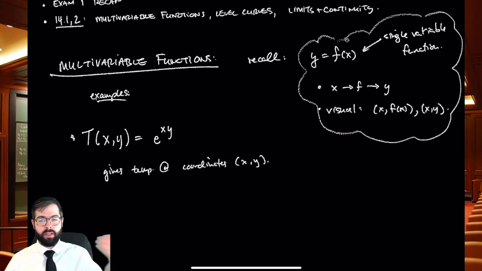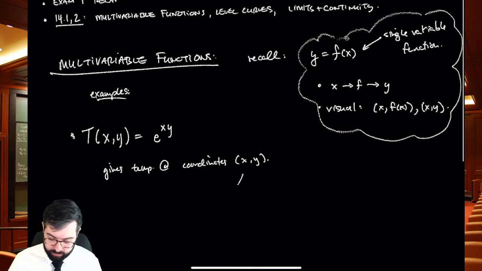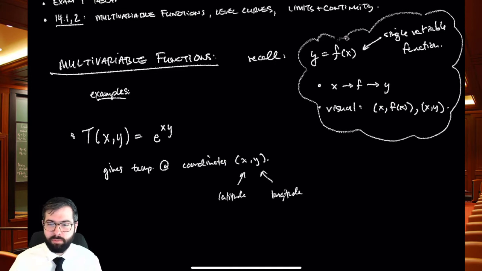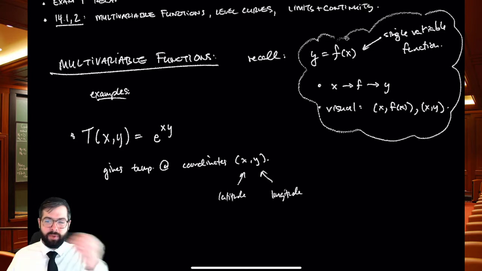So you input like a latitude and longitude. This is obviously not an actual model for temperature. This is just a random formula here, but we see in the formula itself, I have space for two inputs, x and y.